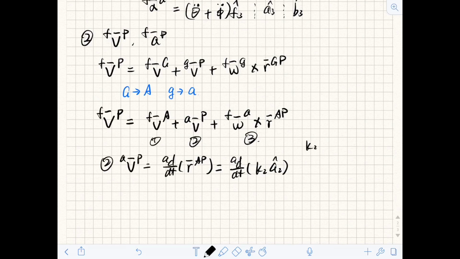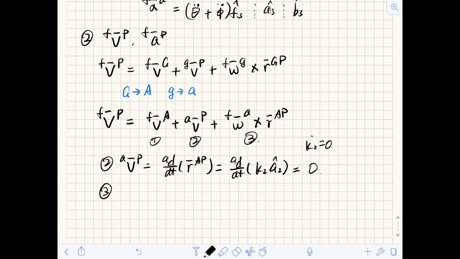And if we were to assume K2 dot equal to 0, we have this term as equal to 0. So what this means is the velocity of point P in A is equal to 0, and P is not really moving in the A-frame.